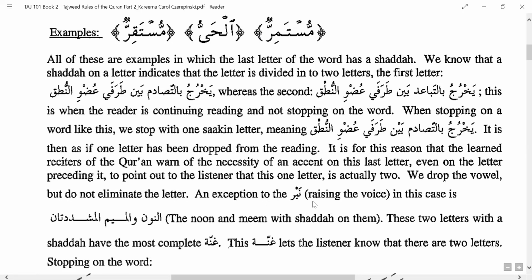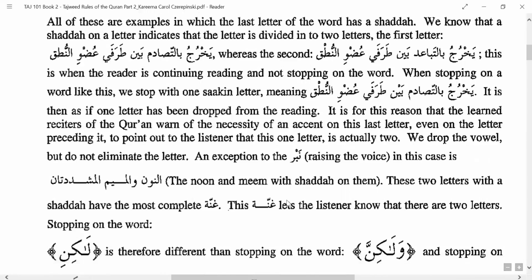An exception to this nabr, the raising of the voice: when do you not do it? When you have a noon or mim mushaddad. And why is that? Because noon shadda and mim shadda have the most complete gunna. We have done levels of gunna in book 1, volume 1.